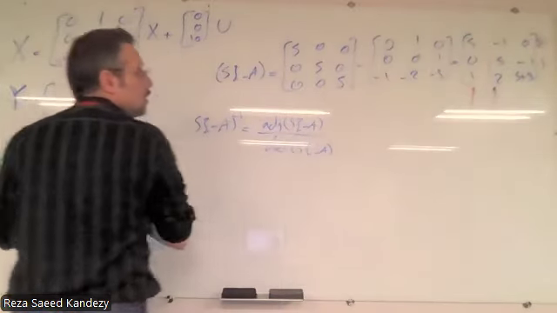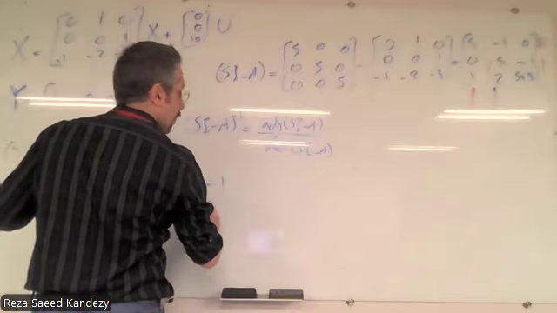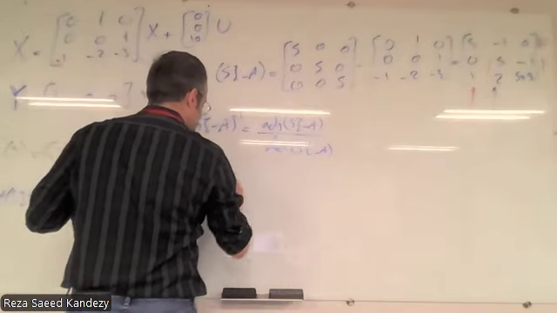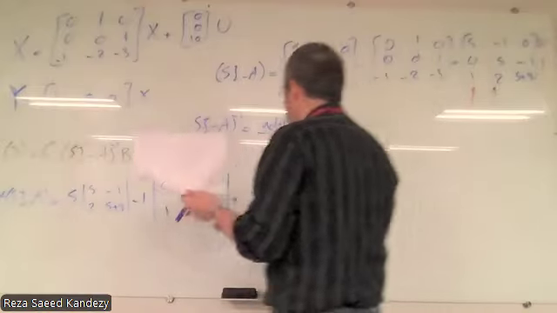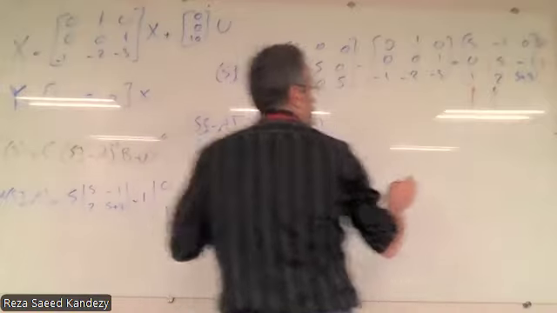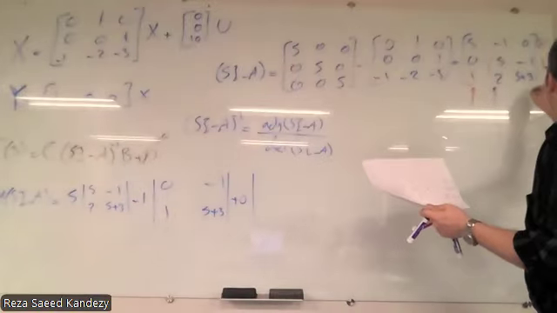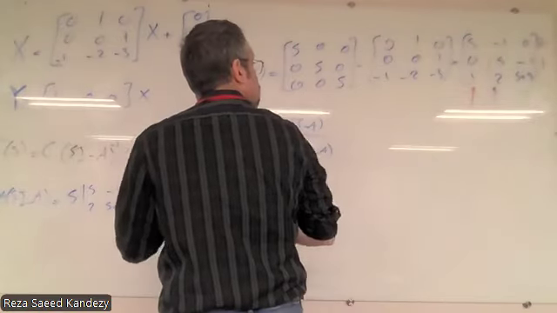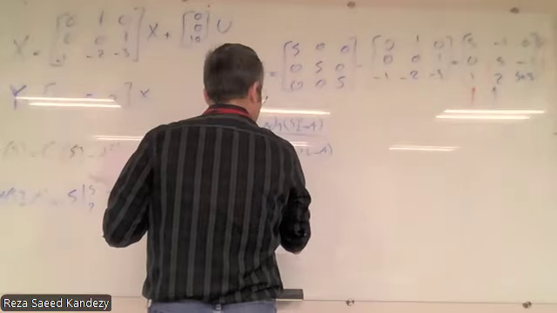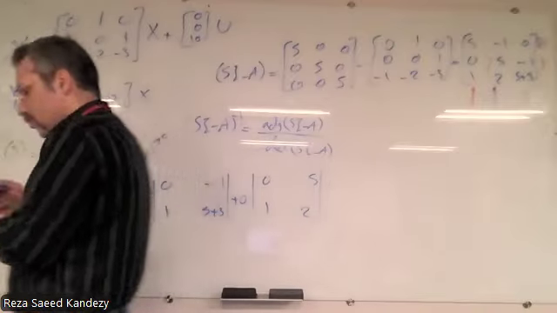So it's going to be 0 minus 1, 1, S plus 3. And the next one is going to be 0 times, now we are going to eliminate this one. So it's going to be 0, S, 1, 2, but it's multiplied by 0.